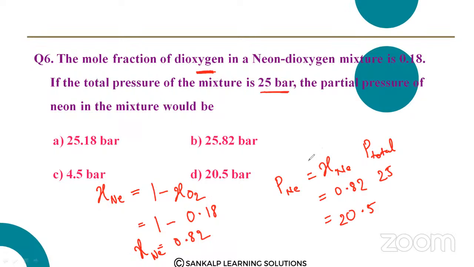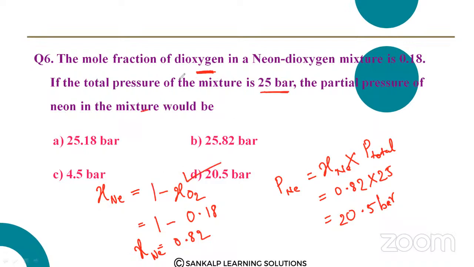When you're finding the partial pressure of neon, it is psi of Ne, the partial pressure of Ne into the total pressure. So it is 0.82 into 25. It comes to 20.5 bar. So this is the partial pressure of neon in the mixture, and the correct answer is D.